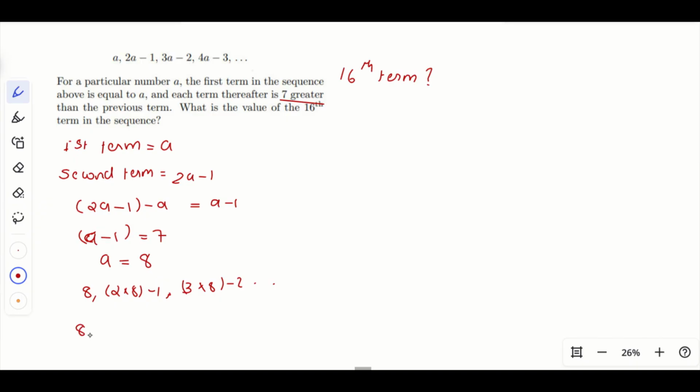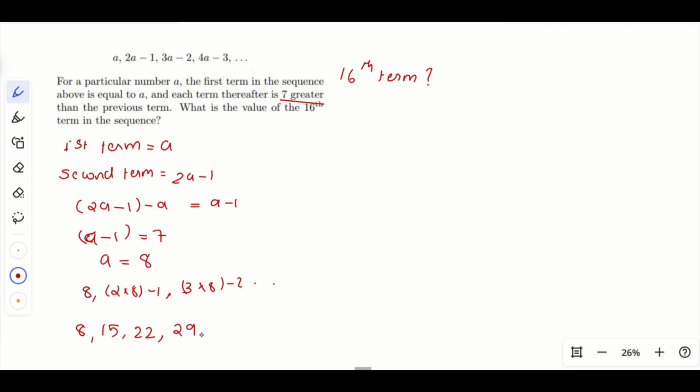That will be 8; 2 into 8 is 16, minus 1 is 15; then 3 into 8 is 24, minus 2 is 22; and the fourth term will be 4 into 8 minus 3, that is 29. Notice that it is an arithmetic sequence with the first term 8 and common difference 7.